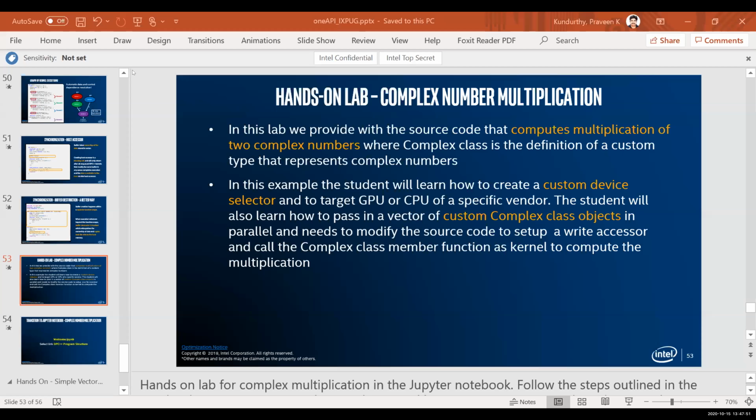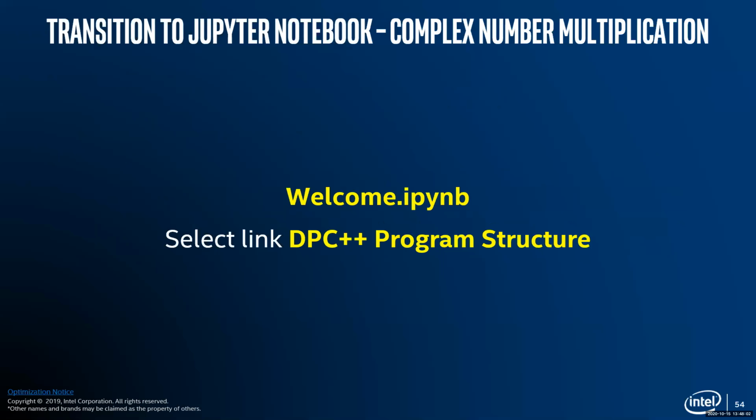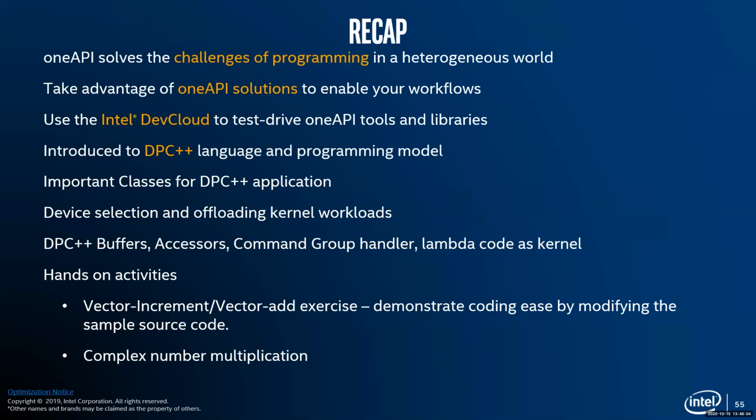So we're done with the complex number multiplication. Please feel free to go through the lab section on the Jupyter notebooks and try out all the examples that we ran, to get more familiarity with the basics of a DPC++ program.